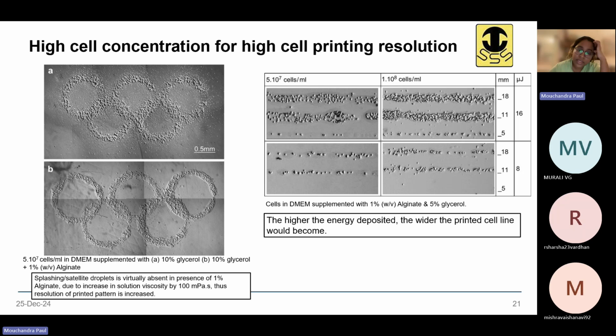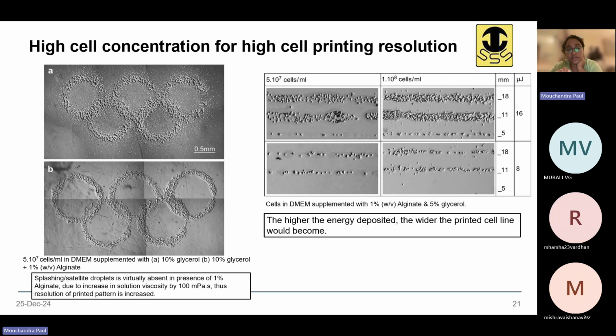Similarly, they have done another experiment. Now, in this experiment, they have increased the cell number by one order of magnitude. Okay. And they have varied the aperture size as well.